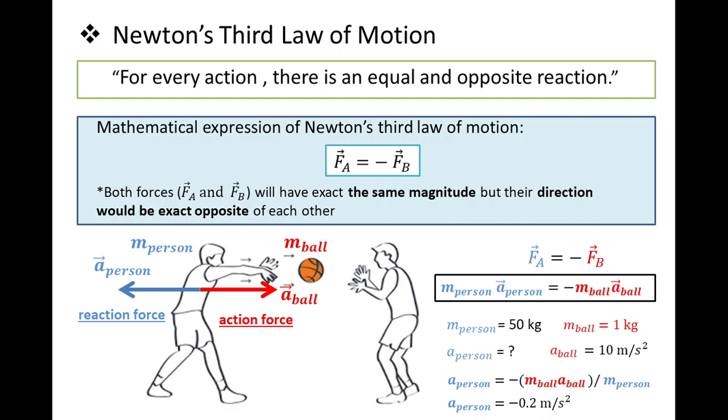To illustrate, suppose that you are a basketball player and you pass the ball to your teammate across the court. While throwing the ball, you exert a force on that ball equal to the mass of the ball times the acceleration of the ball going to, say, the positive x-axis.